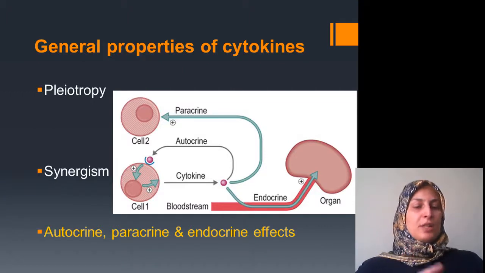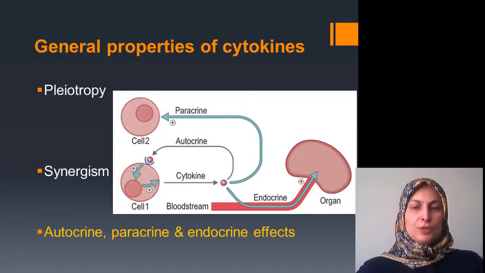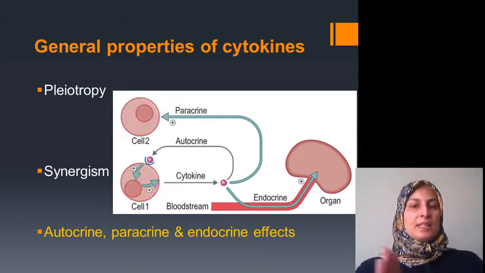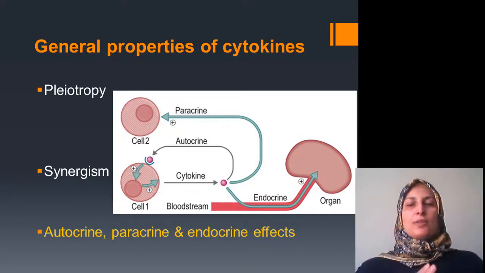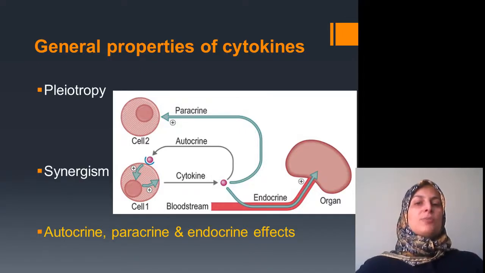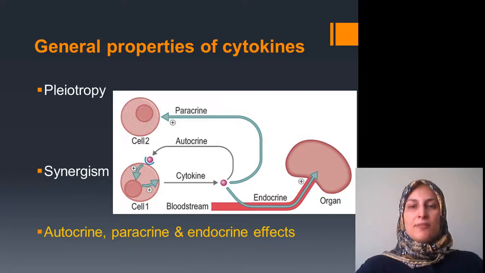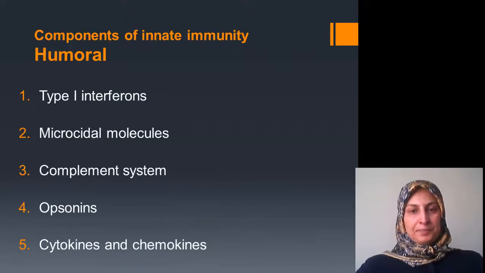Cytokines include interleukins, interleukin 1, 2, 6, TNF, tumor necrosis factor, for example, epidermal growth factor. All of these are cytokines responsible for differentiation, stimulation, maybe inhibition, maybe suppression. So they have different functions that we are going to mention in the next lectures.